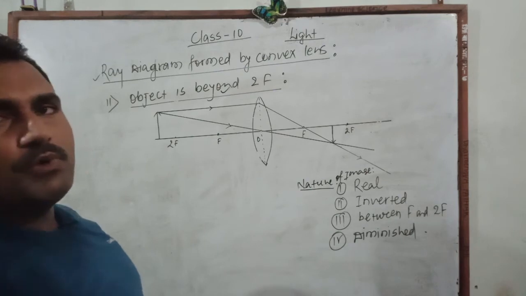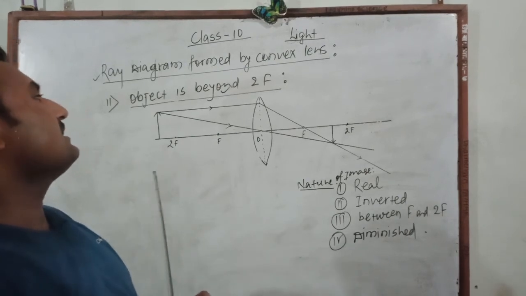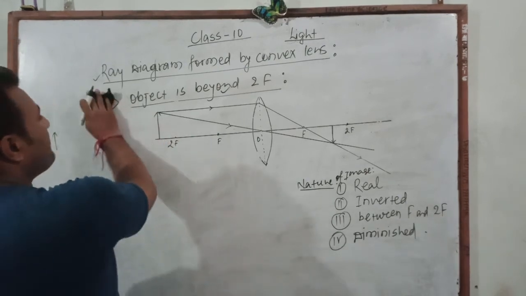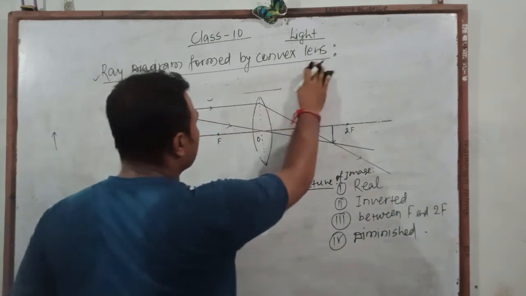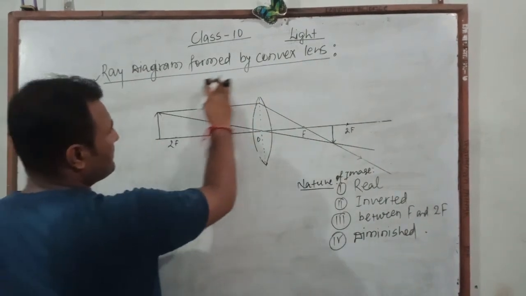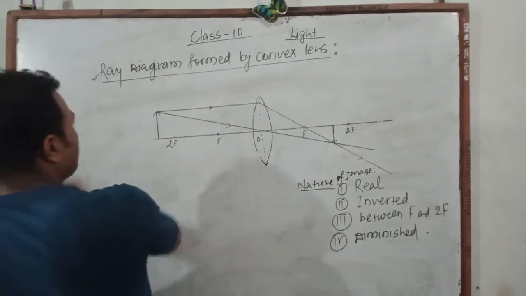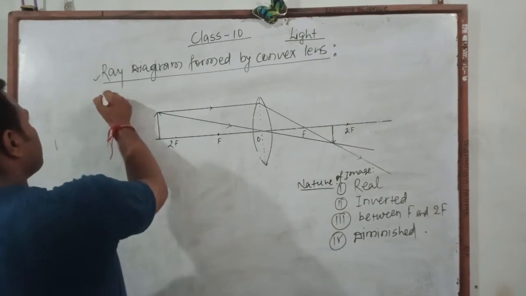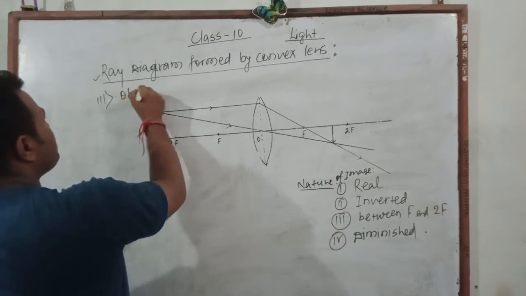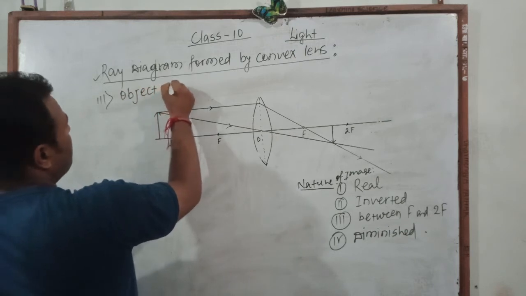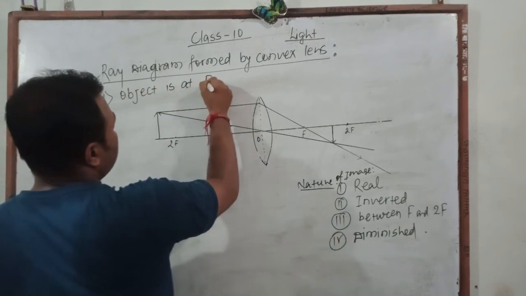And in the same way we draw the third condition, in which the object comes closer to the lens than beyond 2f. And the third condition is here, the object is at f.